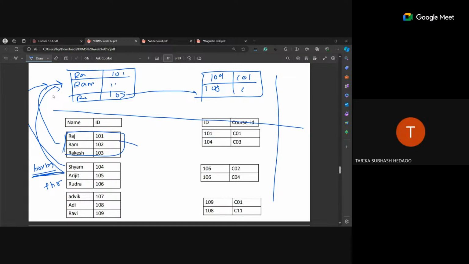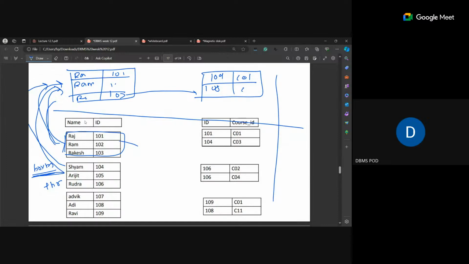Because for me, I'm moving only once. Raj, Ram, Rakesh moved only once. Sham, Ajit, Rudra also moved only once. So that is BR. You are moving the numbers of blocks, so that time also block transfer is required, right? That is not counted.